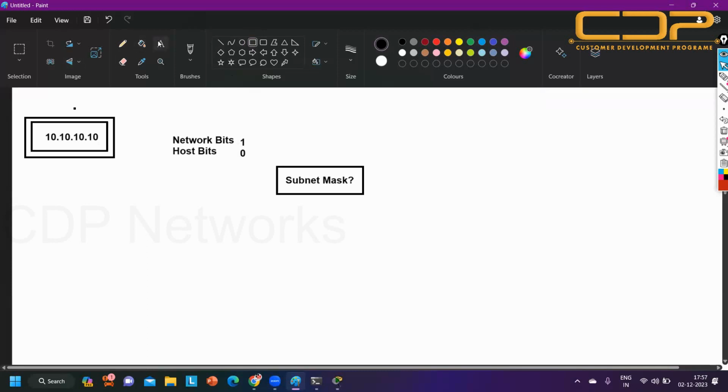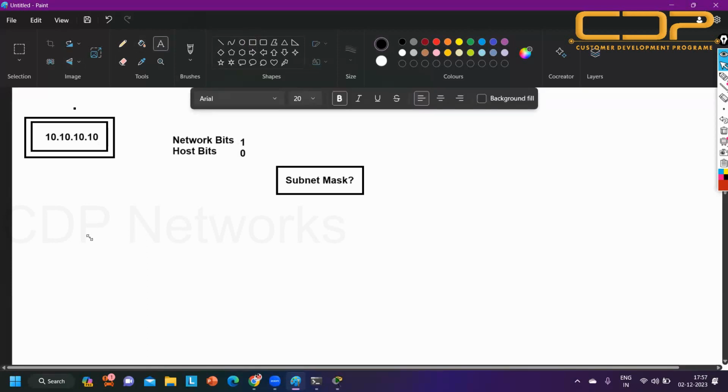May I know what is the predefined subnet mask for class A? Yes, for class A, the predefined subnet mask is 255.0.0.0. See, in the first octet the value is 255.